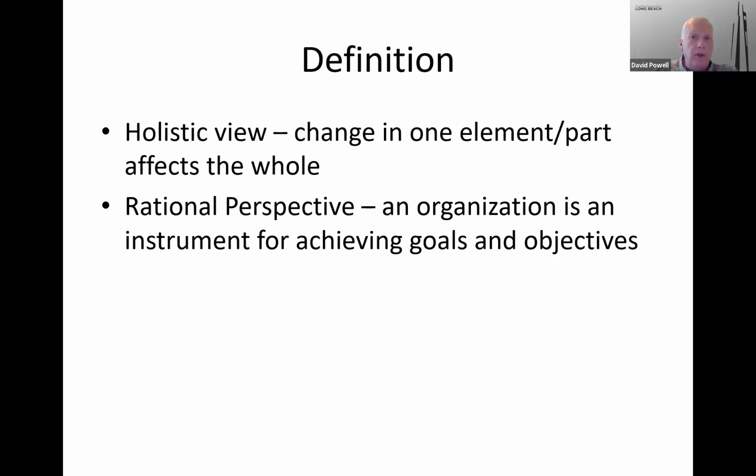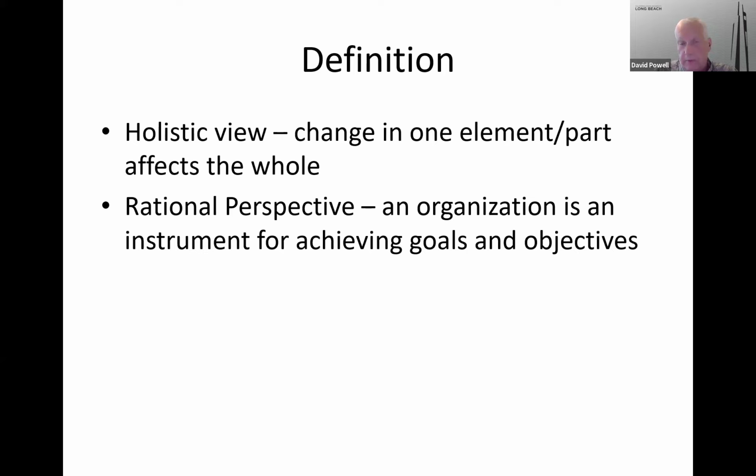There is also very much of a rational element involved in a systems approach to studying organizations. We view organizations as being instruments for achieving goals and objectives. And so, a lot of what we're doing in systems theory is we are studying the system either within the organization or external to the organization for the purpose of understanding how the environments, internal or external, help us achieve our goals.